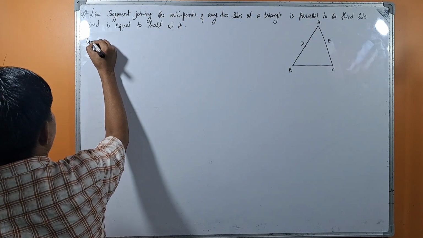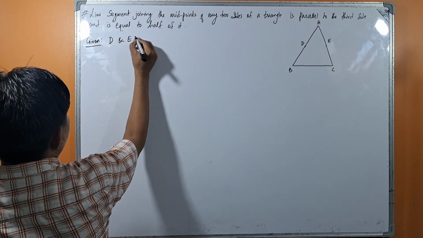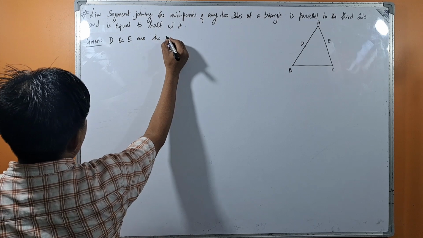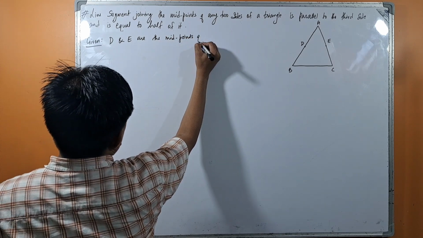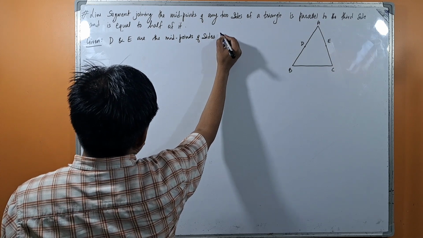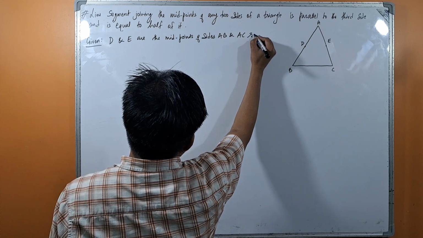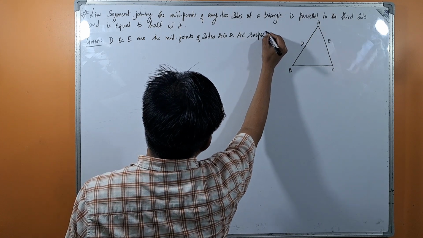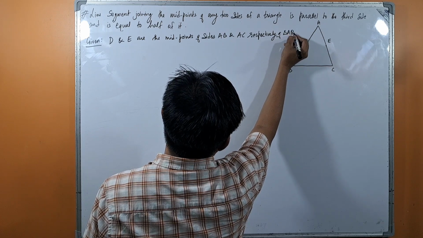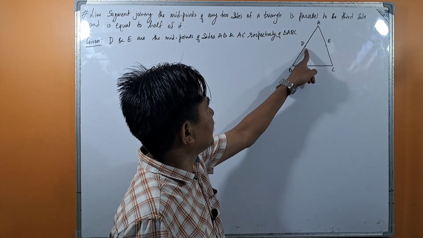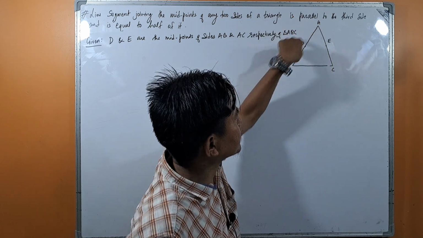Given: D and E are the midpoints of sides AB and AC respectively of triangle ABC.